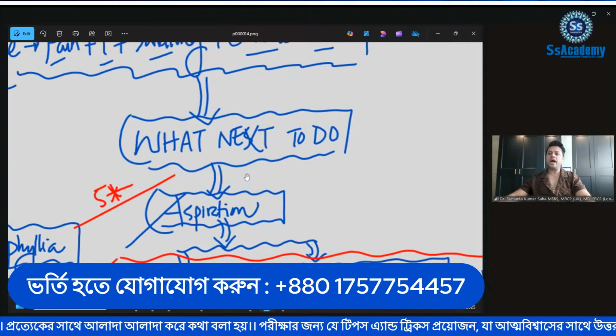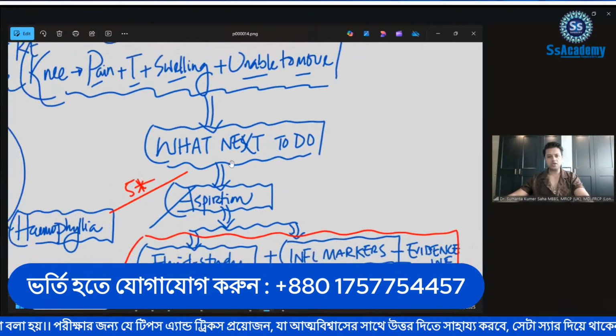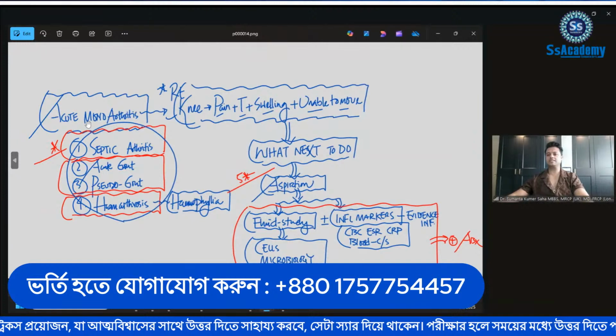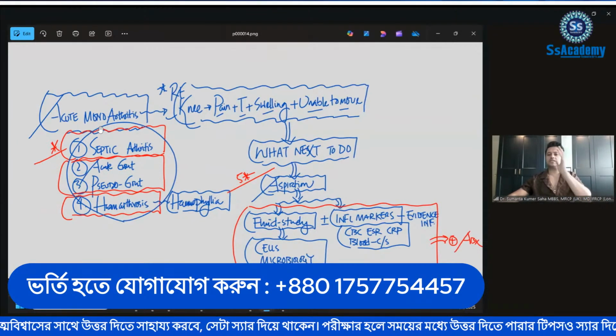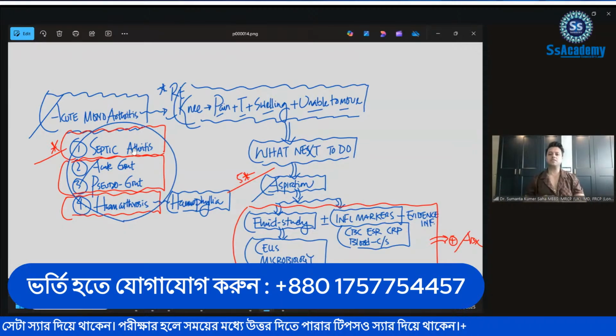But beforehand, we need to think about what is going on. Whenever acute monoarthritis comes, the first diagnosis, in your whole life, is septic arthritis. Number 1, septic arthritis. It's a box.